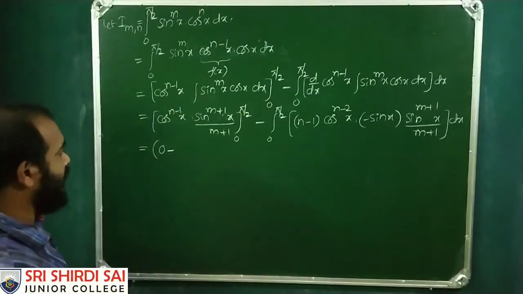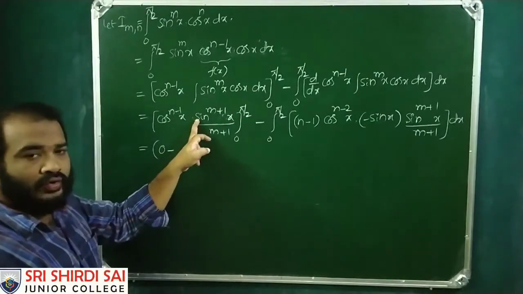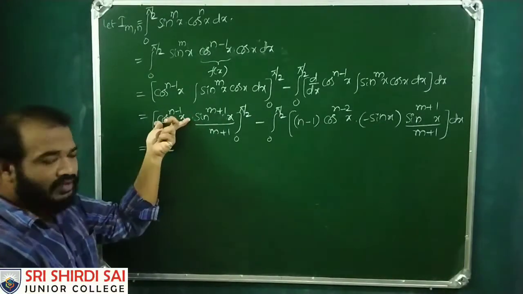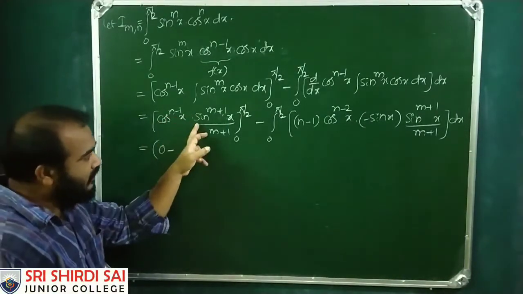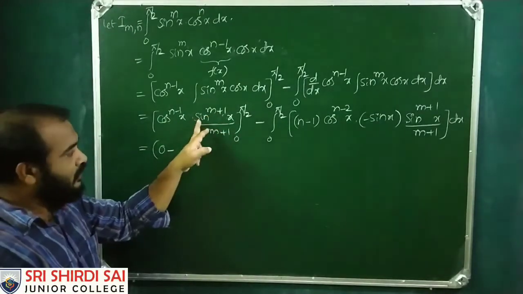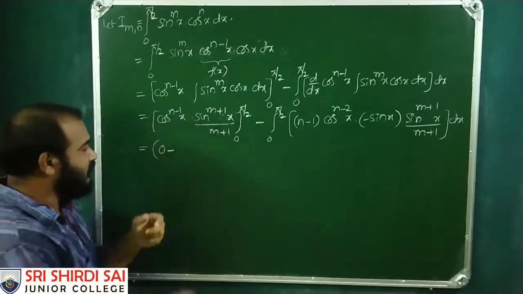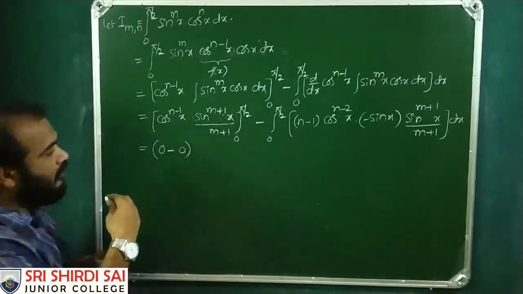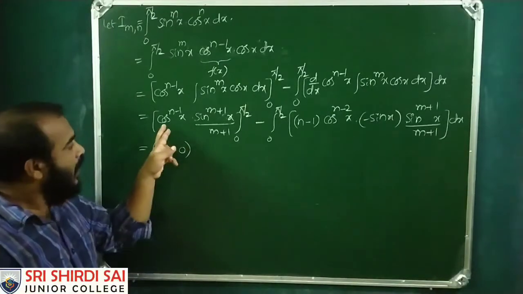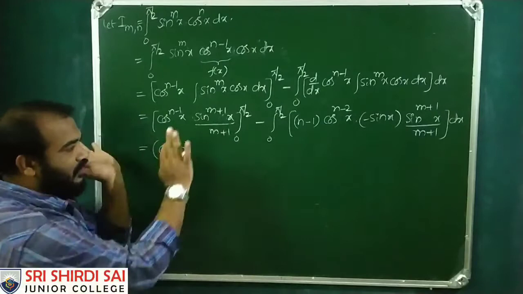Minus the lower limit, cos n minus 1 into 0 is cos 0, 1 whole power n minus 1, this is of course 1, but sin power m plus 1 x if you substitute here, sin 0 is 0, power m plus 1 is 0, 0 into something, this is 0. What I simply wanted to say is upper limit minus lower limit is simply this as a whole 0.